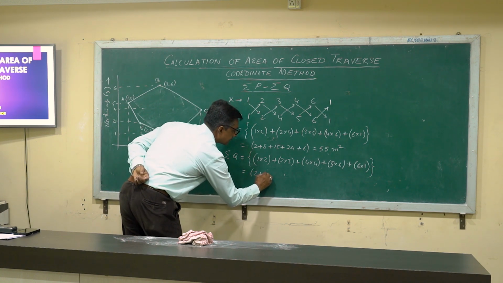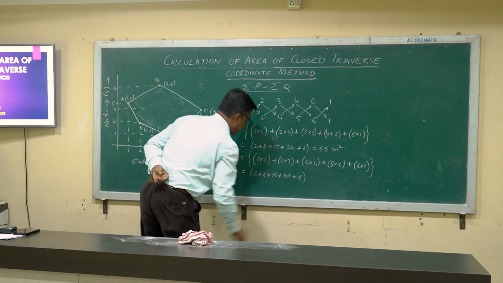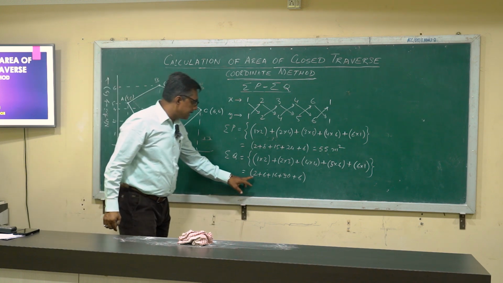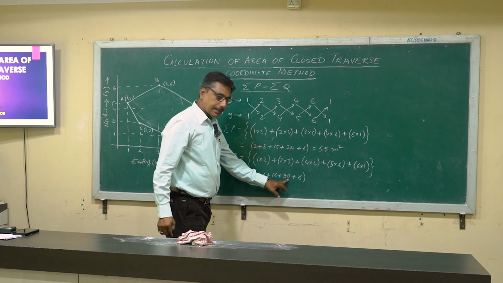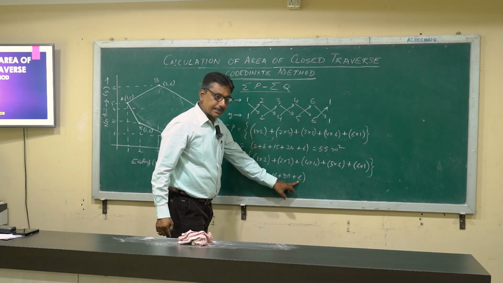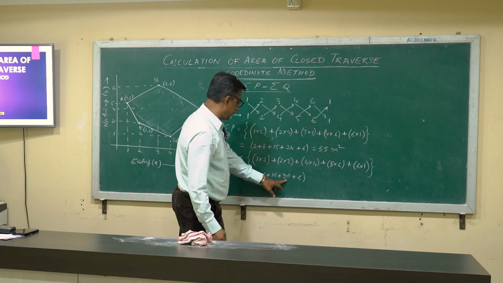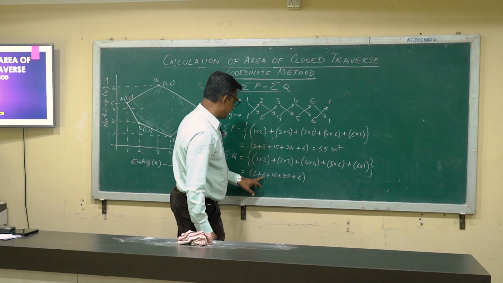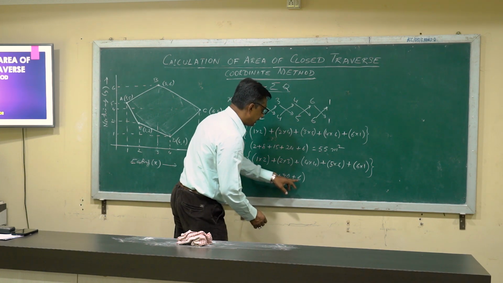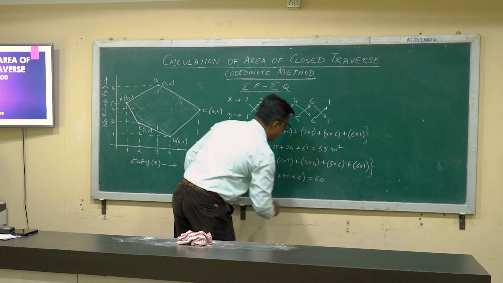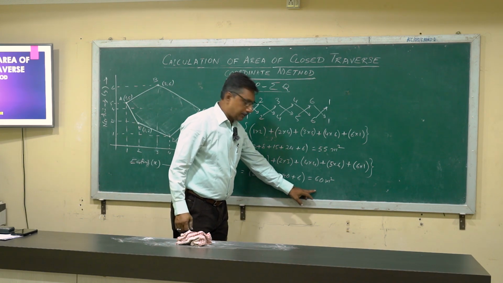Now this is 2 plus 6 plus 16 plus 30 plus 6, isn't it? So 2 plus 6 is 8, plus 16 is 24, plus 30 is 54, and plus 6 is 60. So 60 meter square, it will be positive because these are all in square.